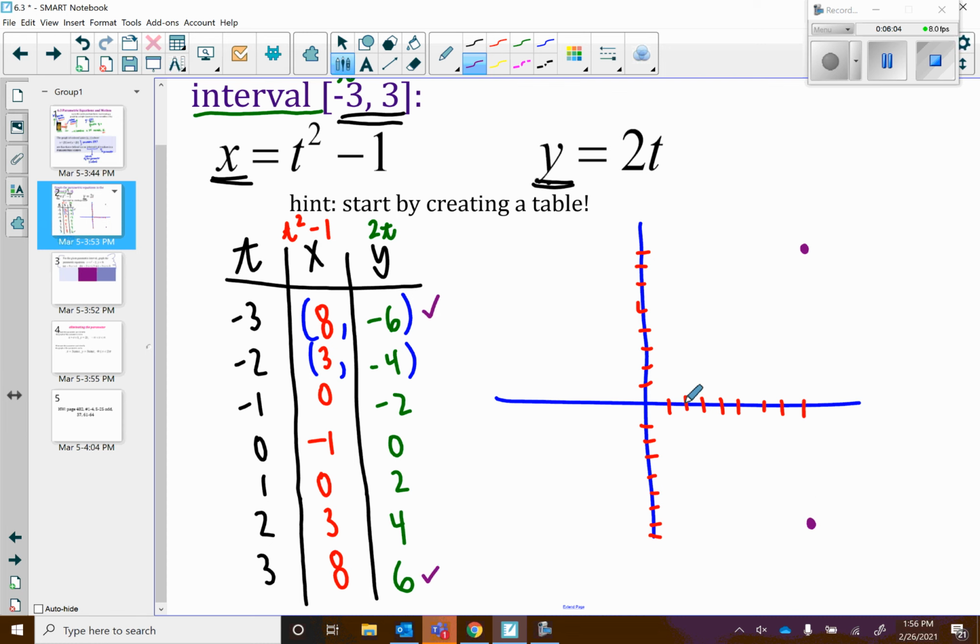I've got 3, 4, and 3, -4. I've got 0, 2, and 0, -2. And then I've got -1, 0.